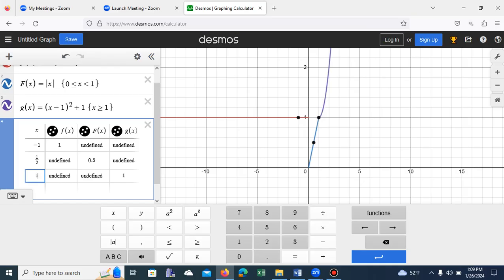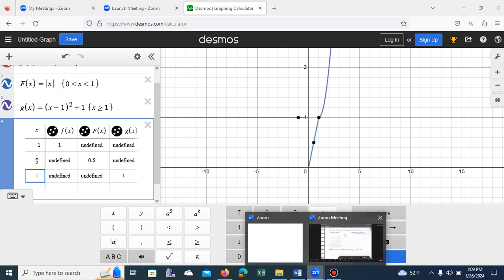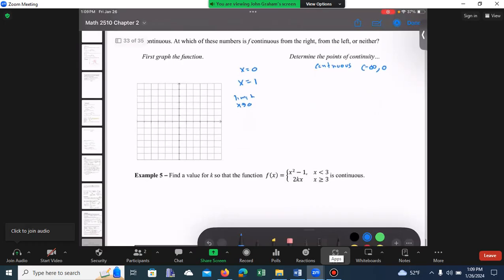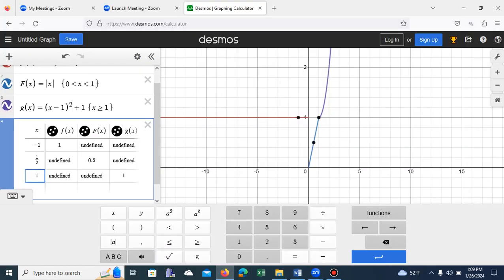Okay? The limit as x goes to 0 of our function f of x from the left side is equal to 1. The limit as x goes to 0 from the positive side, that's equal to 0.